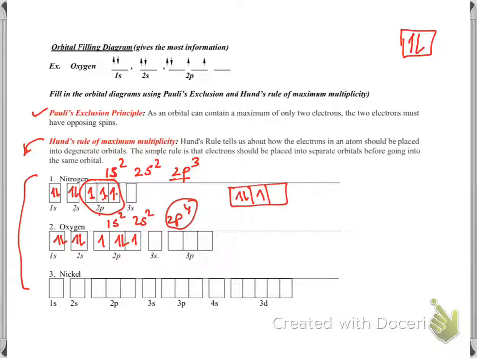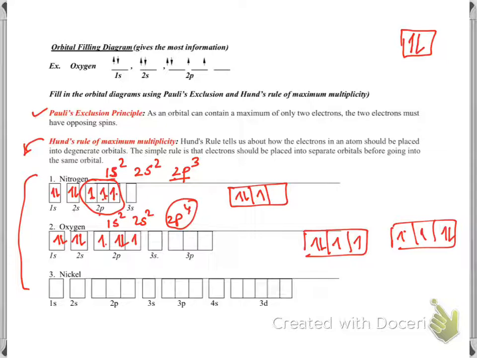I can start pairing up anywhere. I can do it here, here, or here. I can have 1, 2, 3 and start pairing up here, or 1, 2, 3 and start pairing up here. But you cannot start pairing up unless you are done filling 1 electron in each orbital.